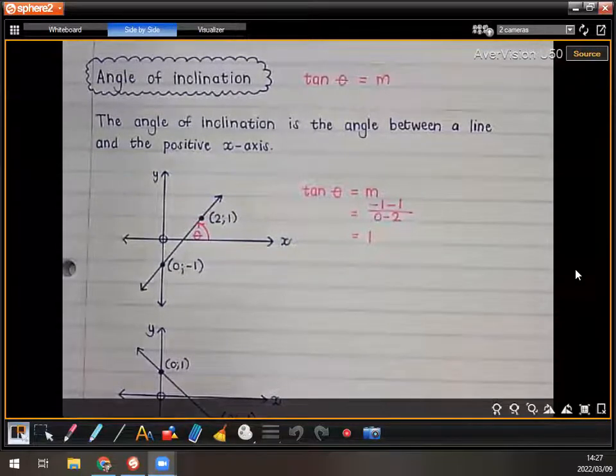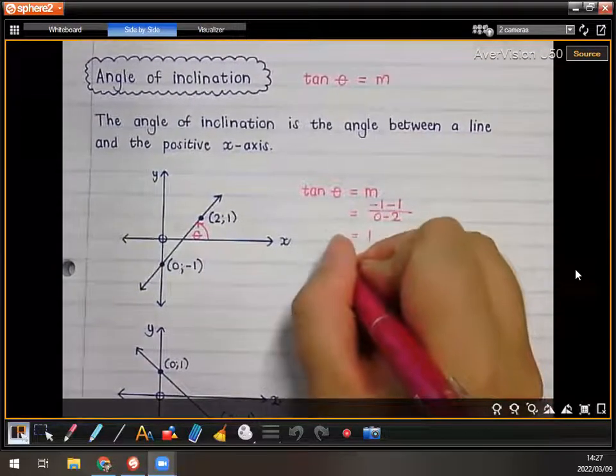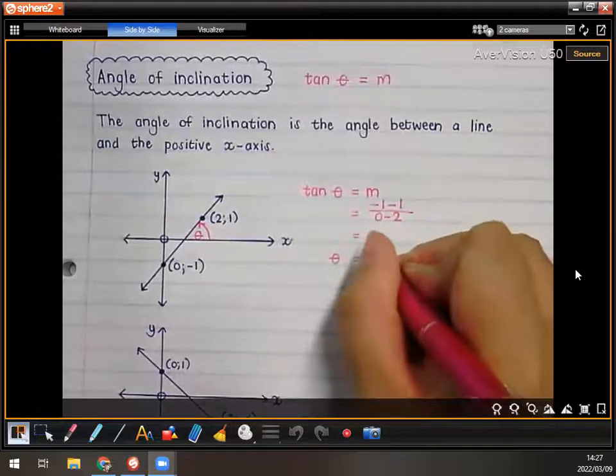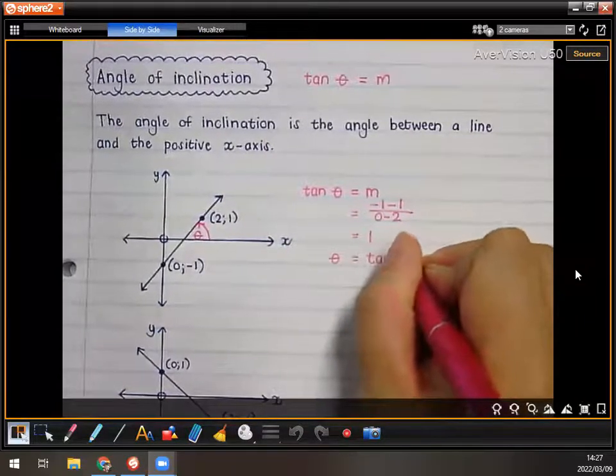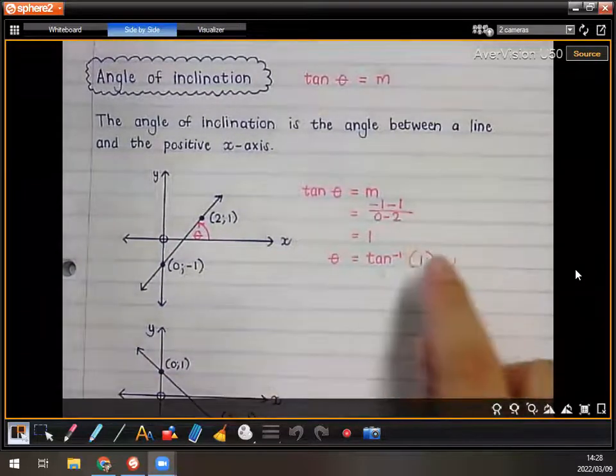So tan theta is 1, but we haven't calculated theta yet. Do you guys remember last year when you did trig? You have to do shift tan of that number. So now we're going to say theta is equal to tan to the negative 1 of that number, whatever that gradient was.